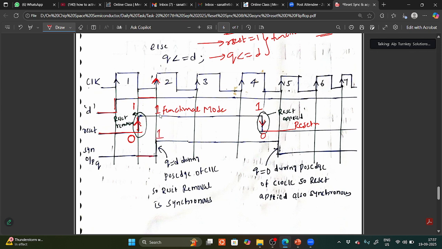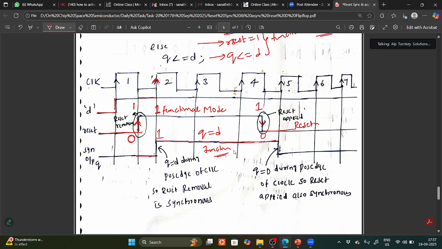So we can say that this is synchronous with the clock. When it changes into functional mode, the output follows during the clock edge. Till here this is functional mode, and you are getting whatever the value of D into Q. So this is functional mode only.